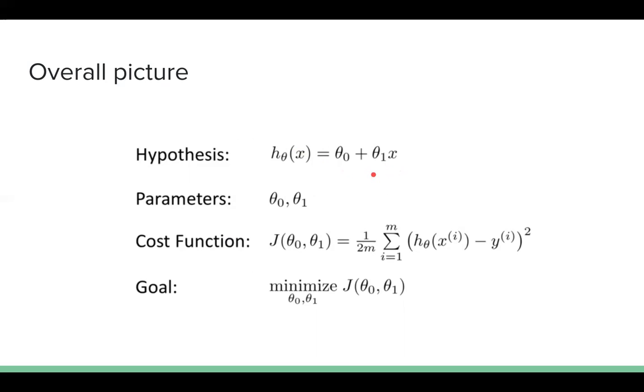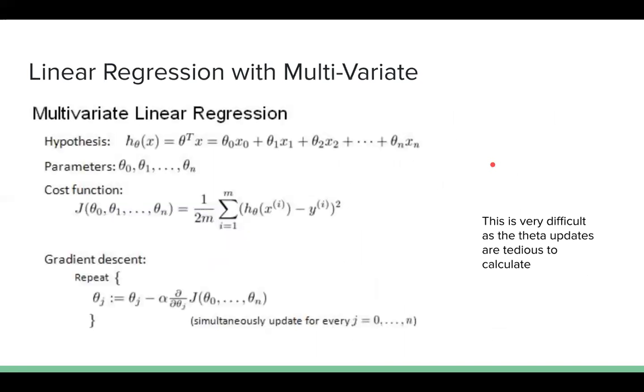Now, what if instead of a single feature, I consider a few more features? That's what we have done in multivariate. But the moment you come to multivariate, the hypothesis equation is no more a simple equation; it has become a complex equation: theta 0 x0, theta 1 x1, theta 2 x2, plus so on, theta n xn.